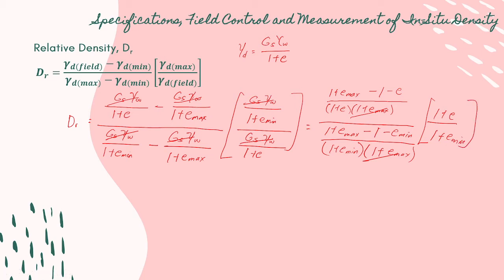So you can cancel this also. And then now we can simplify. So the relative density is also equal to e max minus e all over e max minus e min.